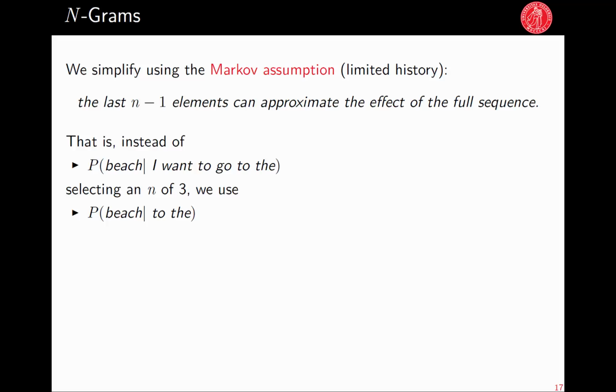That makes good sense. So that's the Markov assumption, where we'll say the immediately preceding n-1 elements approximate the conditioning effect of the full sequence. These are the ones that I'll take into consideration: instead of "beach", "I want to go to the".